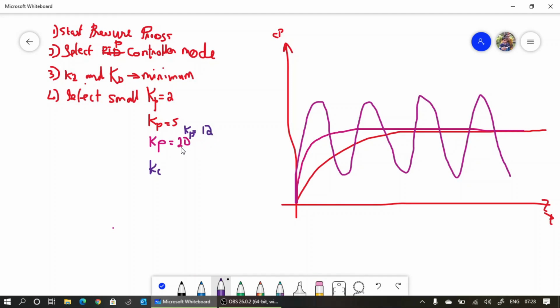Then you can select the middle point of 12 and 20, that is around 16.